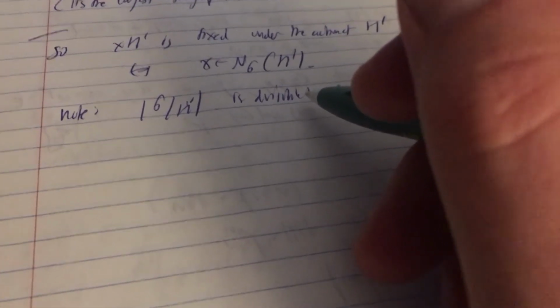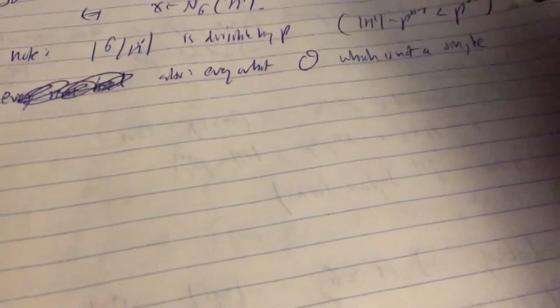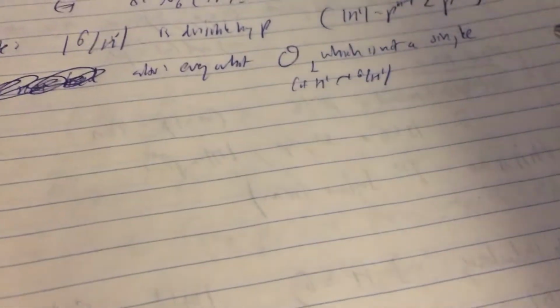On the other hand, every orbit O of H prime acting on G mod H prime which is not a single point has size divisible by p.